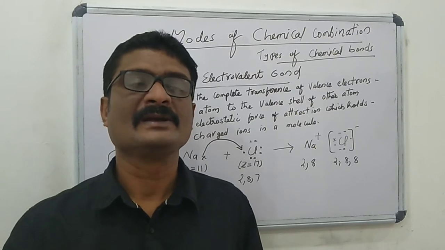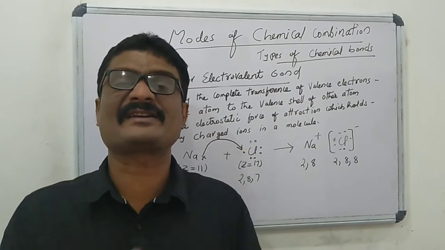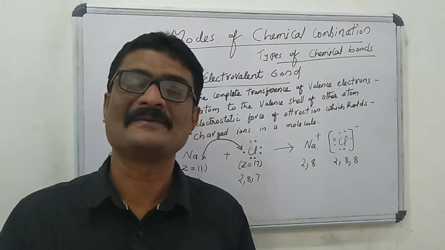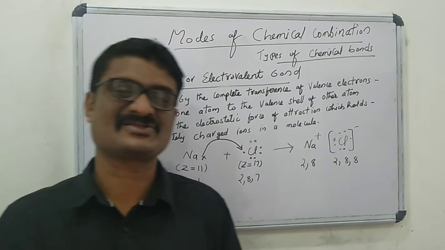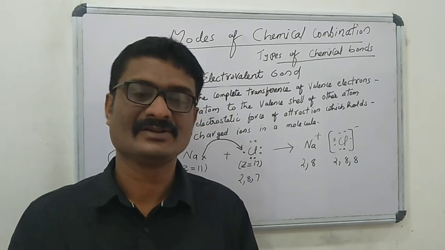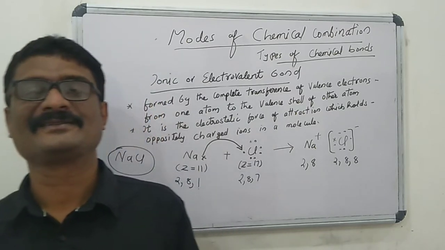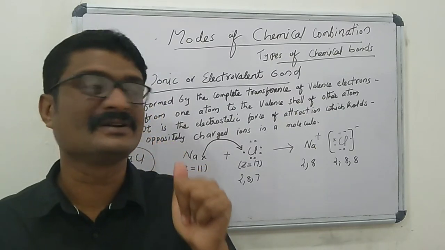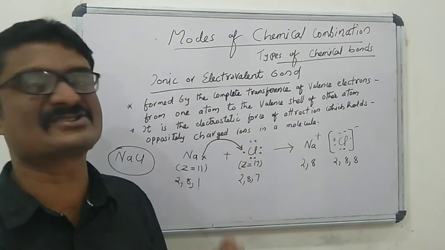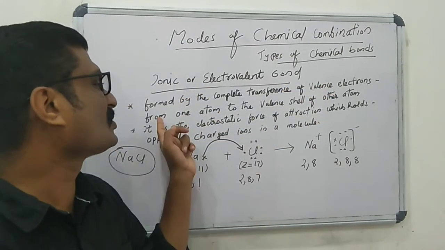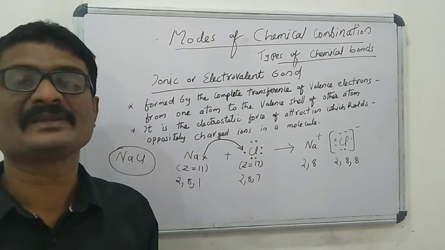This electrostatic force of attraction is called ionic bond. We can say that ionic bond is formed by the complete transference of valence electrons from one atom to the valence shell of another atom.